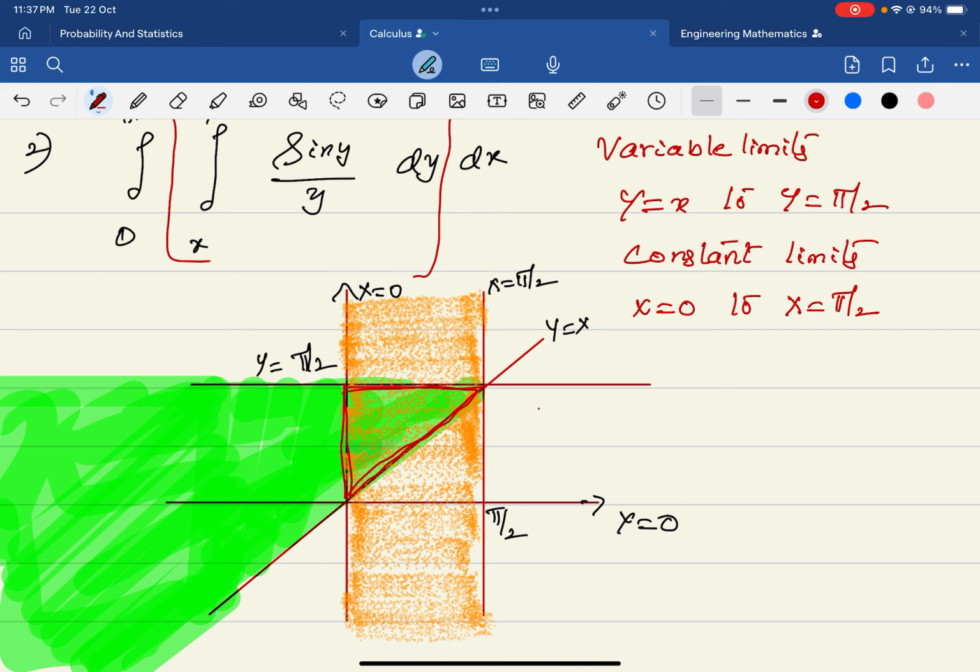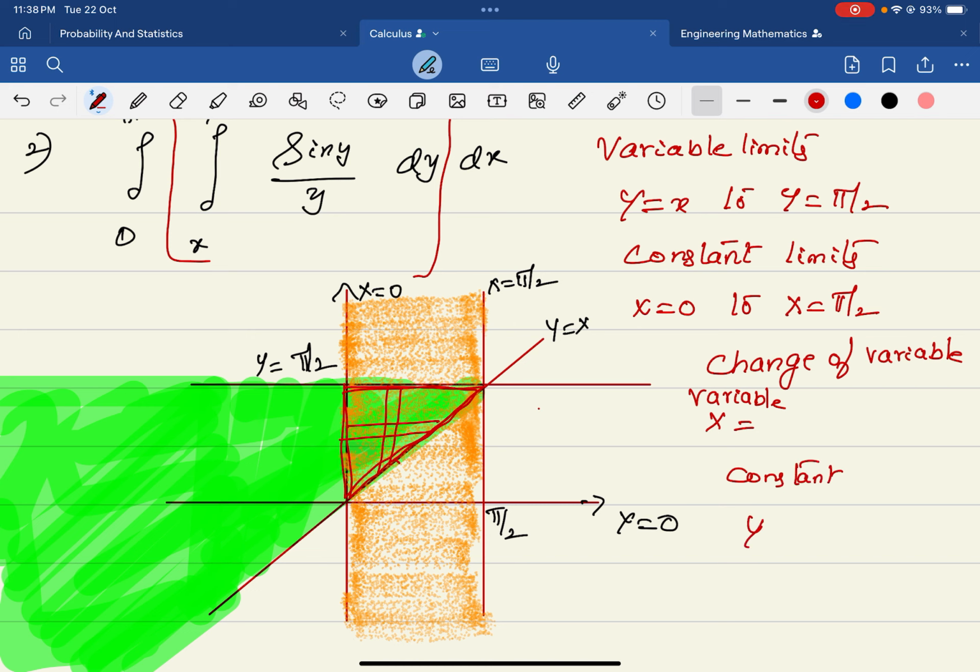So now for this region, you are going from left to right, means x equal to 0 to pi by 2, and from bottom to top means y is equal to x to y is equal to pi by 2. Now you are changing the order, change of variable now. Change of variable means what? Y becomes constant, x becomes variable. So x is now the variable limit and y is the constant.